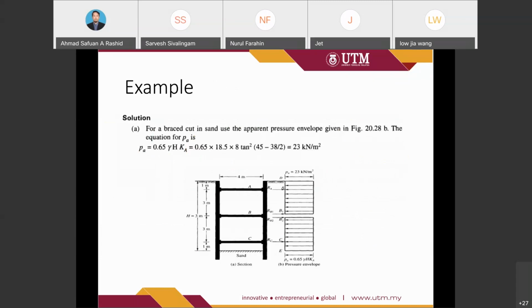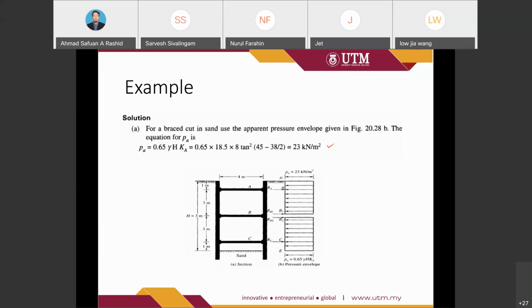calculate for the PA. Okay, so the PA is equal to 0.65 times 18.5 times 8 times tangent square of 45 minus 38 over 2. Okay, so that is for the PA.